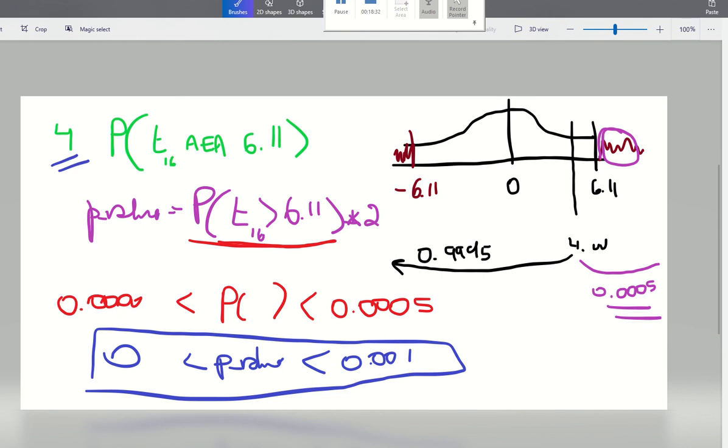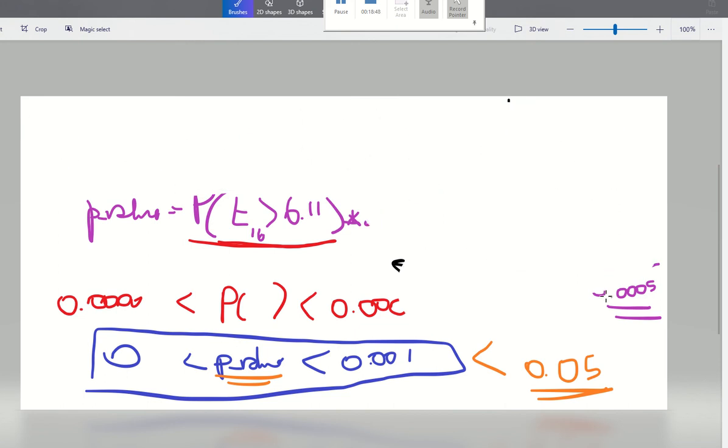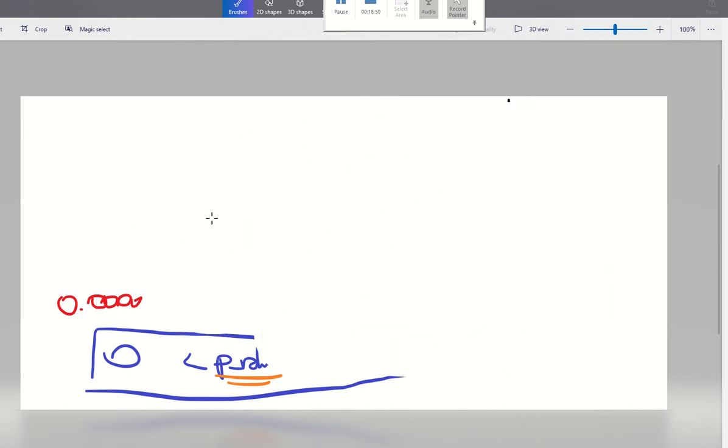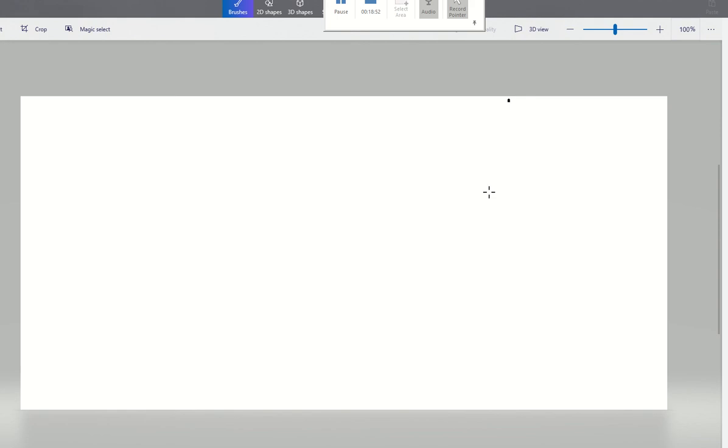We set our alpha to be at 5%, 0.05. This p-value is definitely less than this alpha. When the p-value is less than alpha, what is our statistical conclusion? Our statistical conclusion is that we reject the null hypothesis.